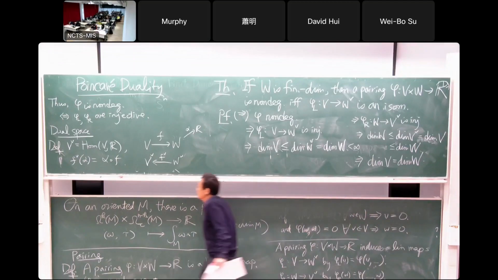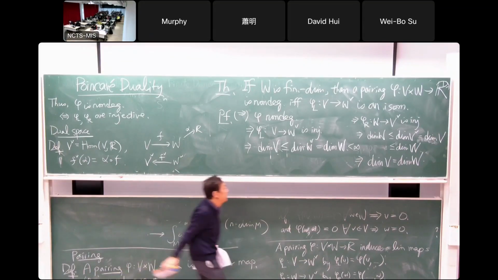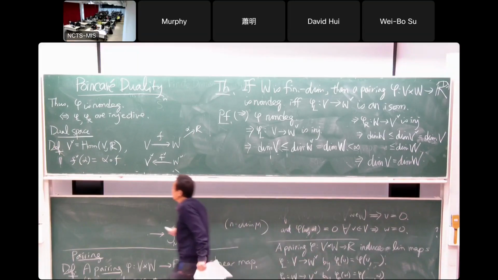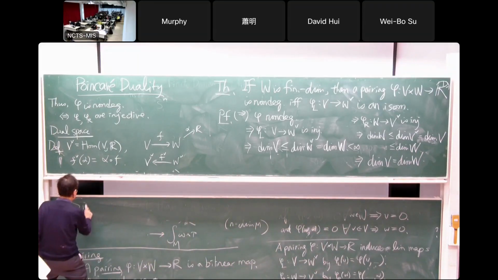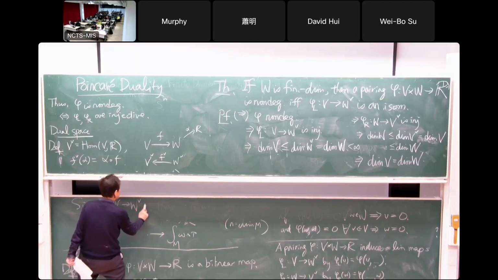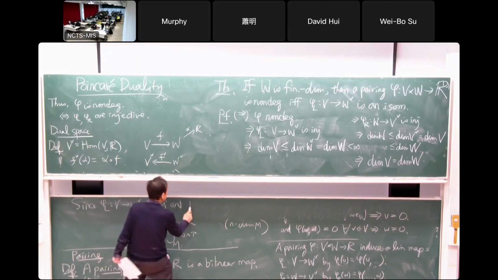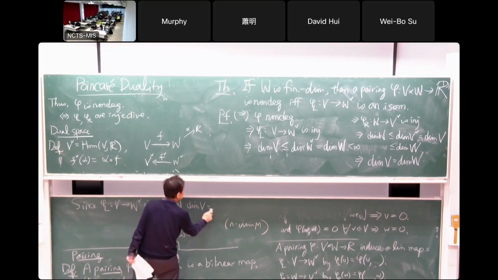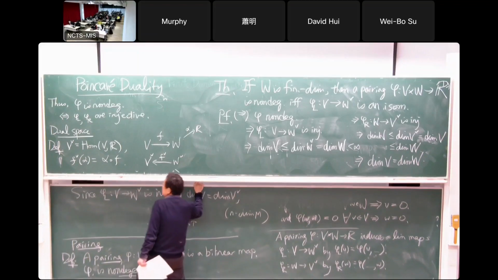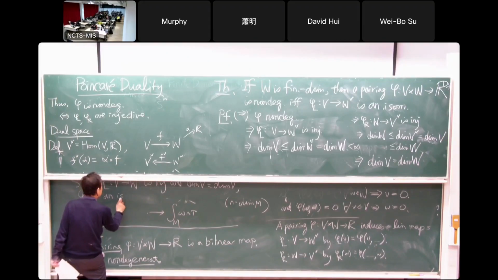So since the left map is injective and the two spaces have the same dimension, phi L is an isomorphism.